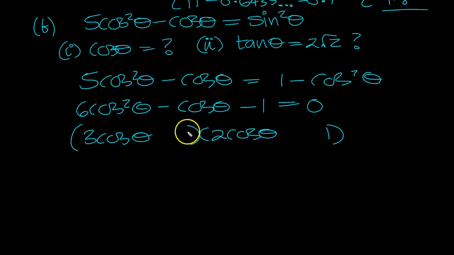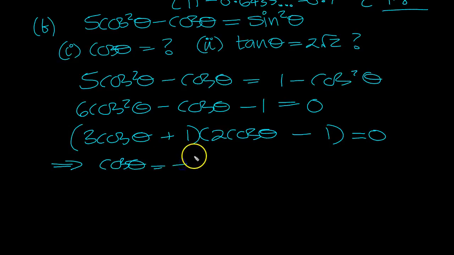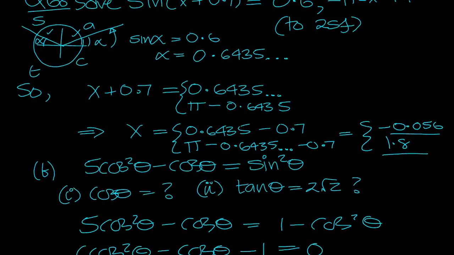Or 1 and a 1. The bigger is the negative. Minus 3 plus 2 is minus 1, minus 1 is fine. So that tells us that cosine theta equals minus 1/3, or cosine theta is equal to 1/2. Okay, good.